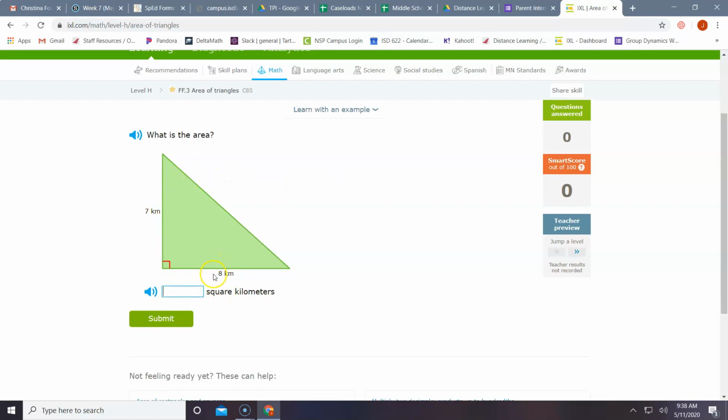And this time we are given a base of 8, a height of 7, and we know that our area equals 1/2 times our base times height, and our base in this example is 8 times our height of 7 times 1/2.